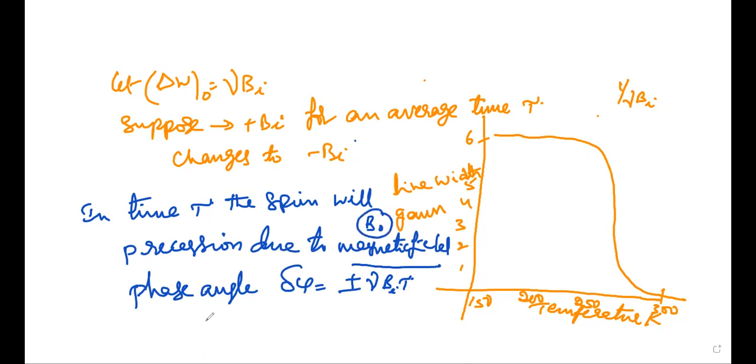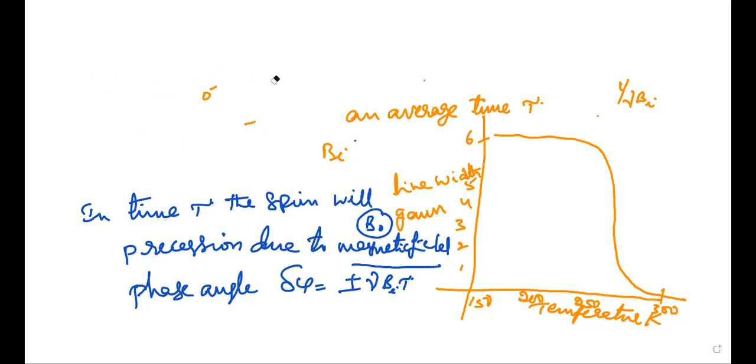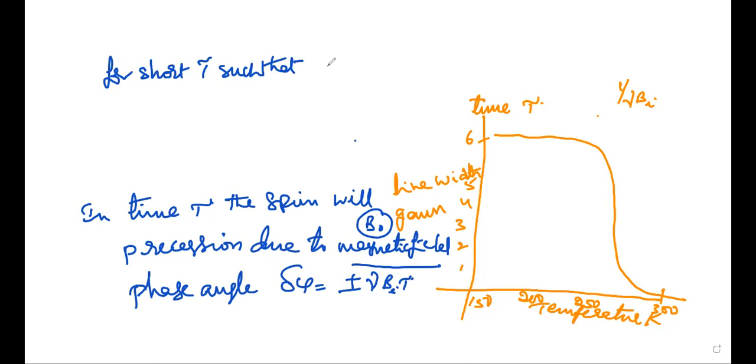Here the motional narrowing effect arises for short time, such that the angle delta psi is much less than 1.